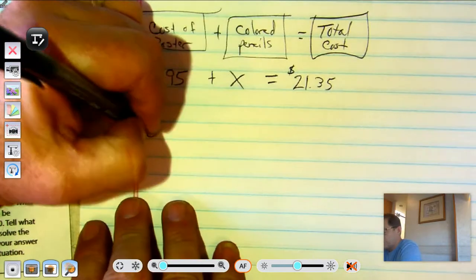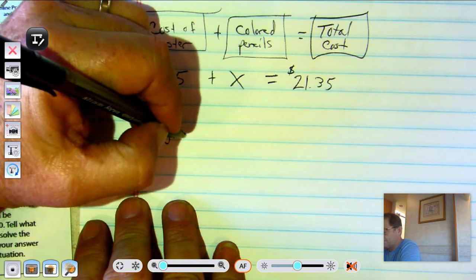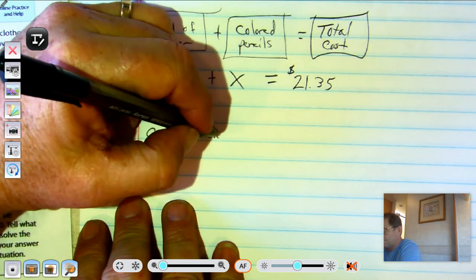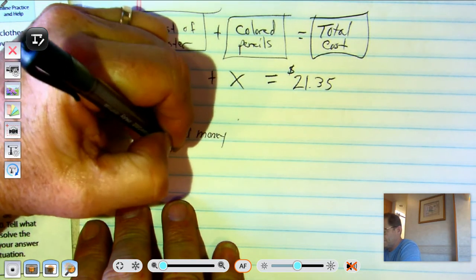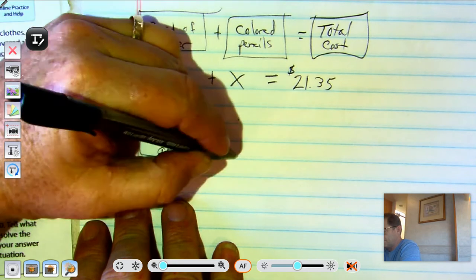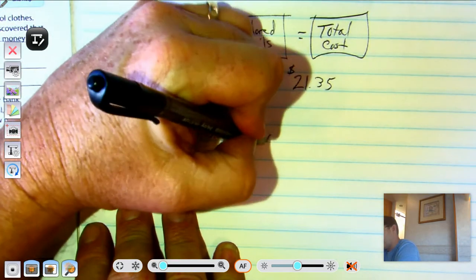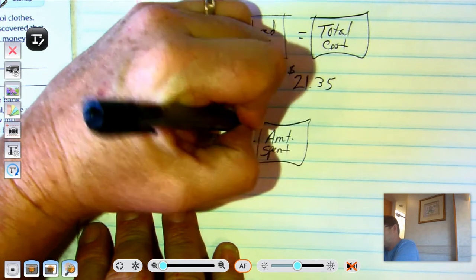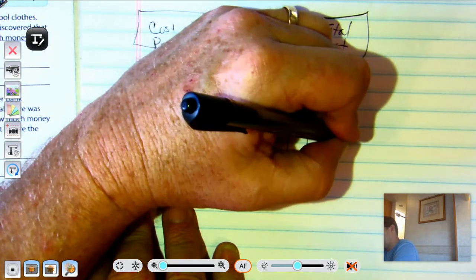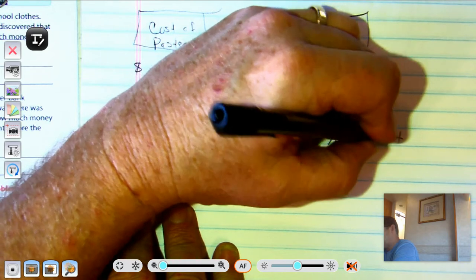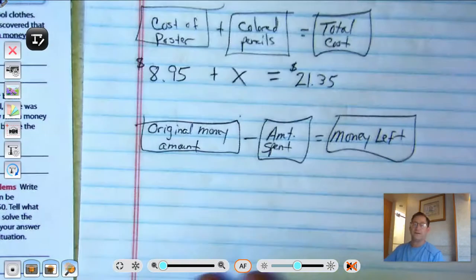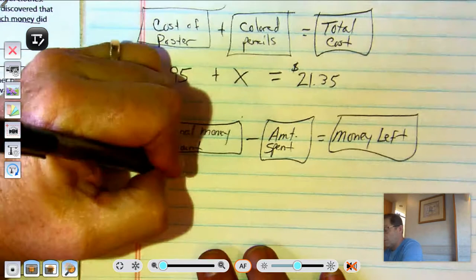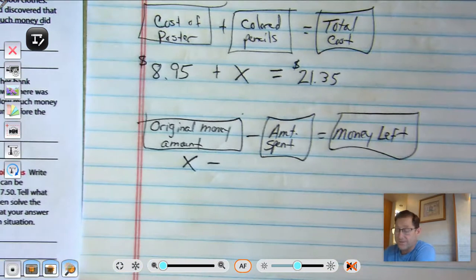We can say his original money minus the amount spent equals money left. Okay, and so plug in what we know. We don't know his original amount. We have to figure that out.